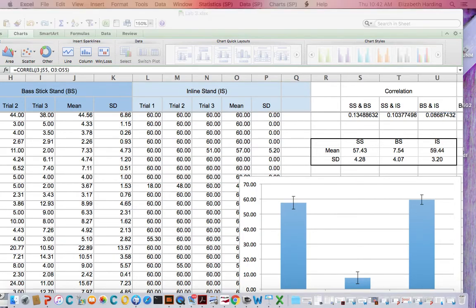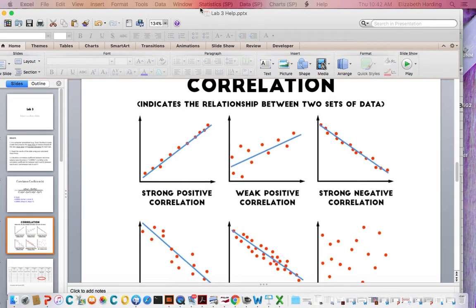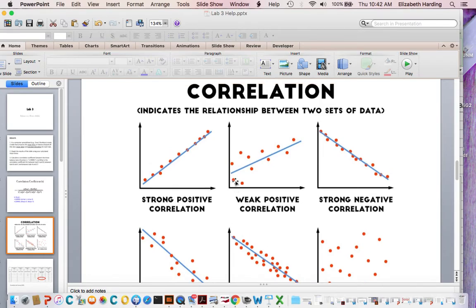So if you remember from tests and measurements or your general stats class, what does that mean? A very strong positive correlation, meaning things are perfect positive, would be plus 1.0, and a perfect negative correlation would be a minus 1.0. No correlation would be a value of 0.